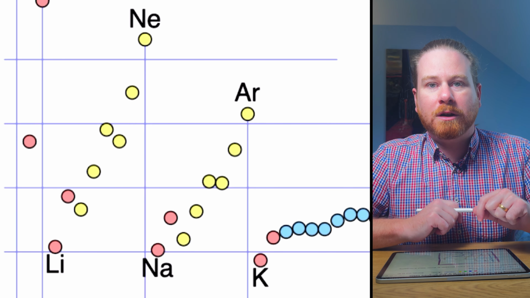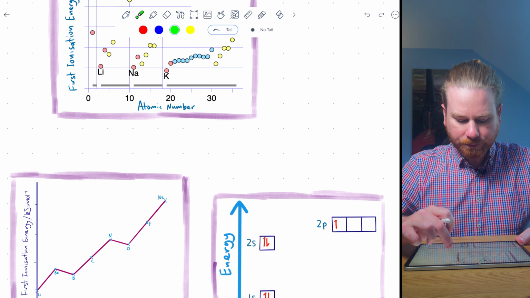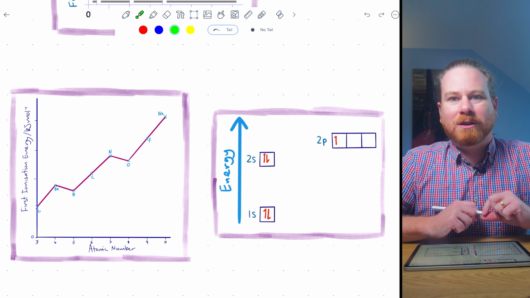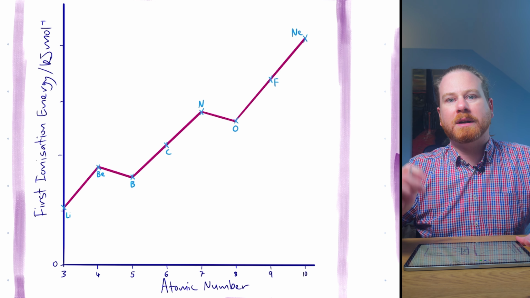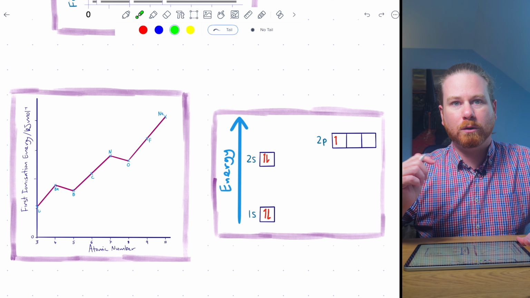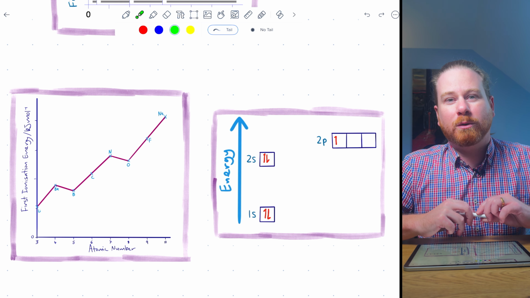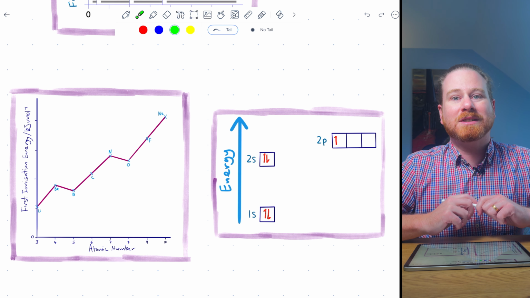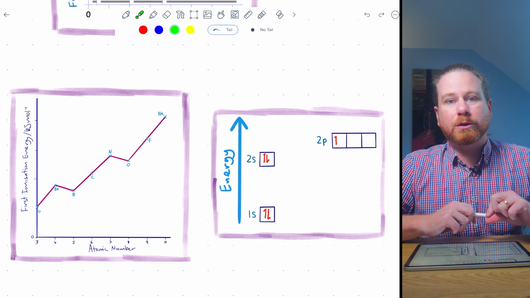Focusing on the period 2 elements, we're just going to focus on these elements here in our next graph. We can see that we are getting the first dip with boron. This is because boron's outermost electron is in a p orbital. This set of orbitals is slightly further away from the nucleus than the s orbitals, so it experiences a slightly smaller electrostatic attraction, therefore making it easier to remove.